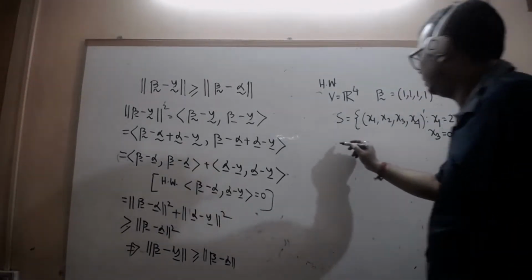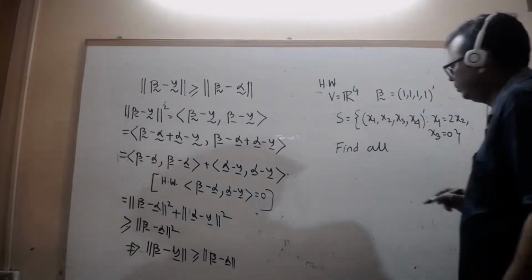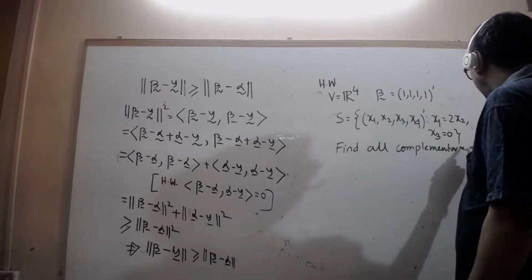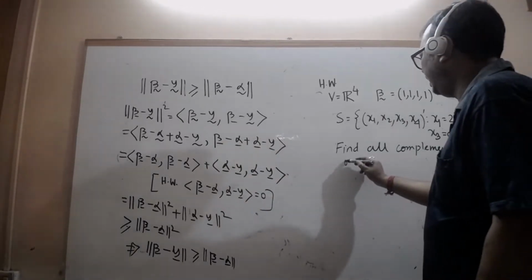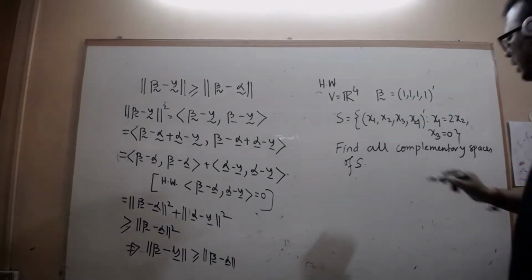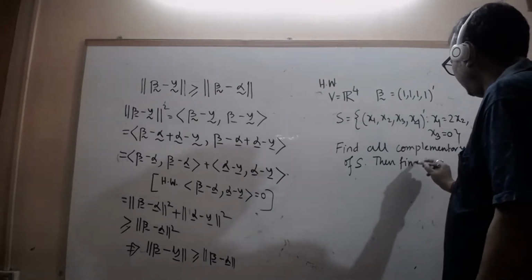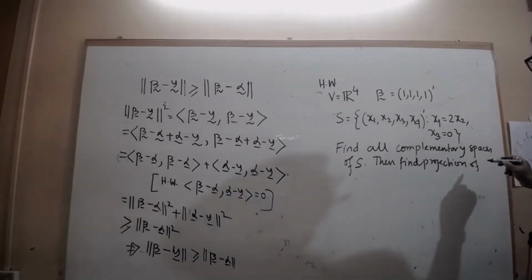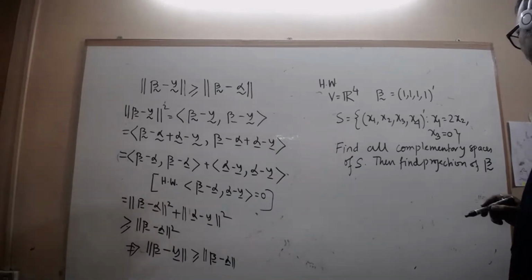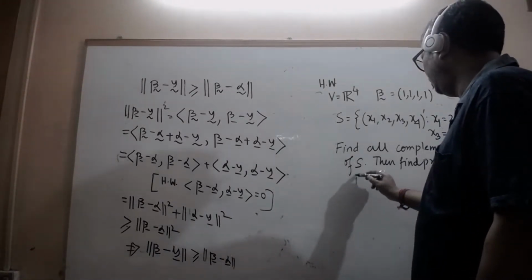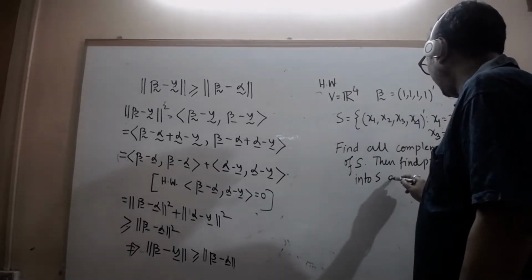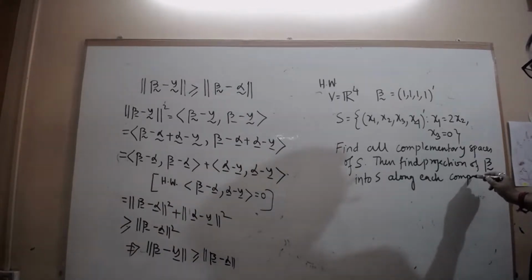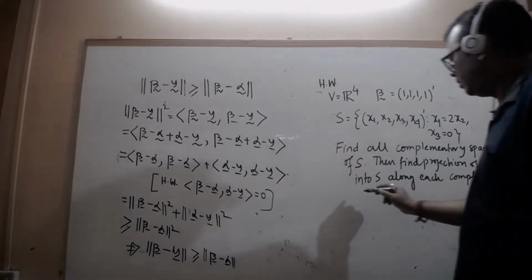Find all complementary spaces of S. Then find the projection of beta curl into S along each complementary space.